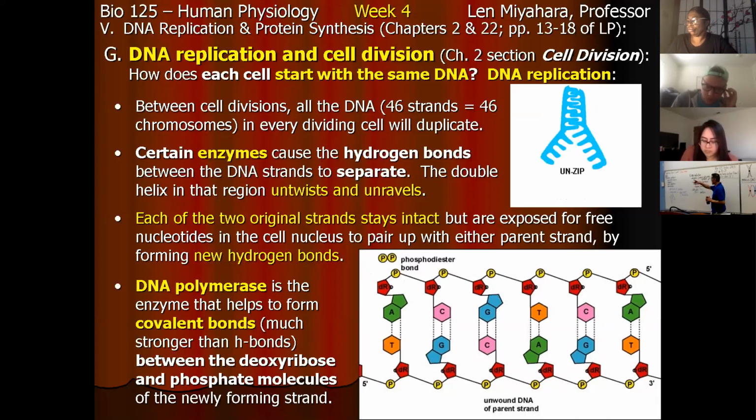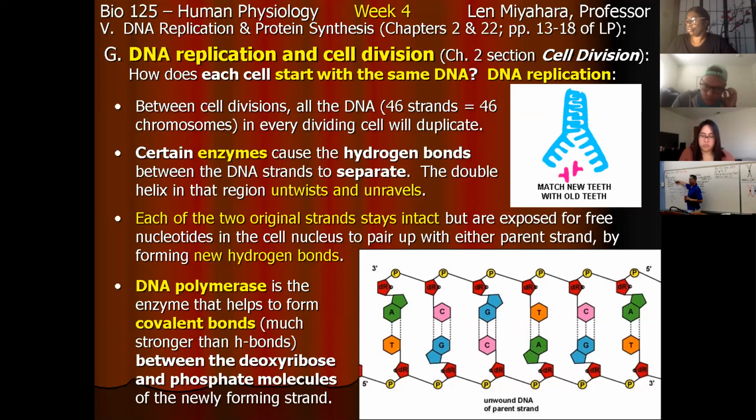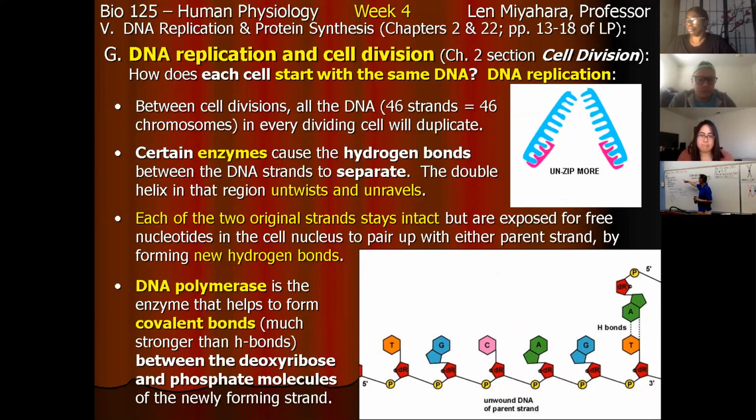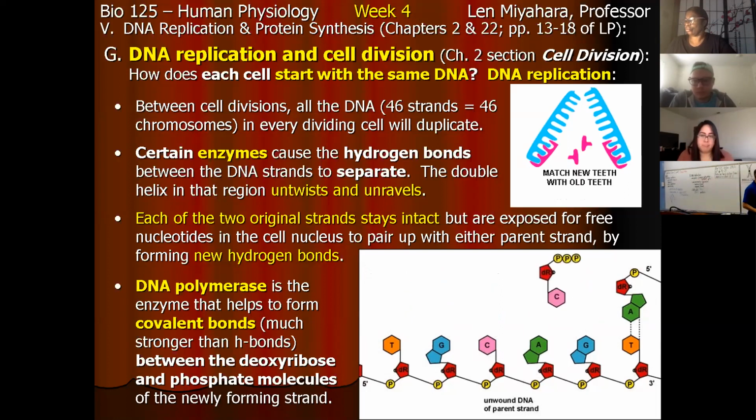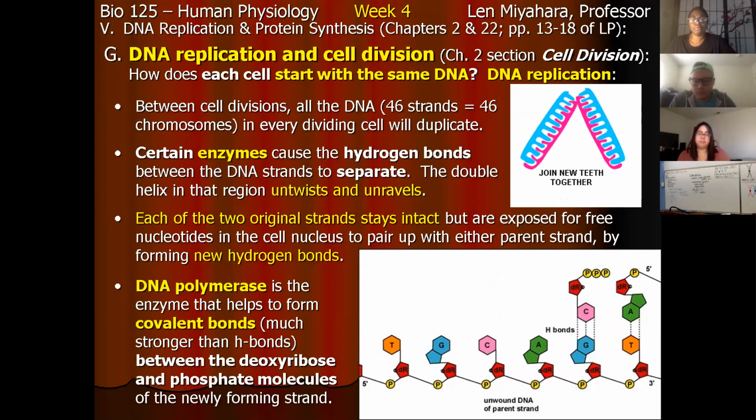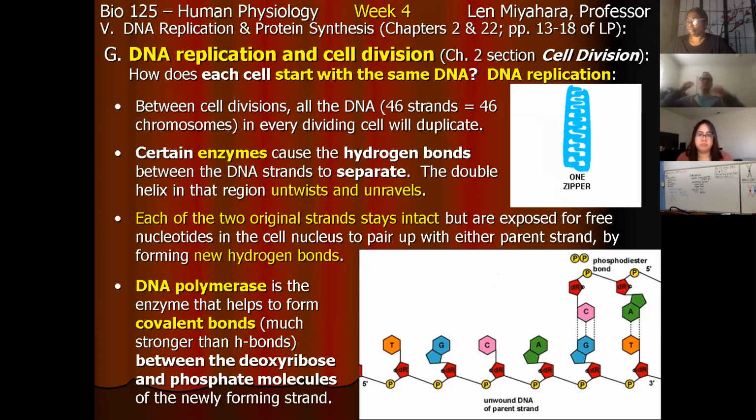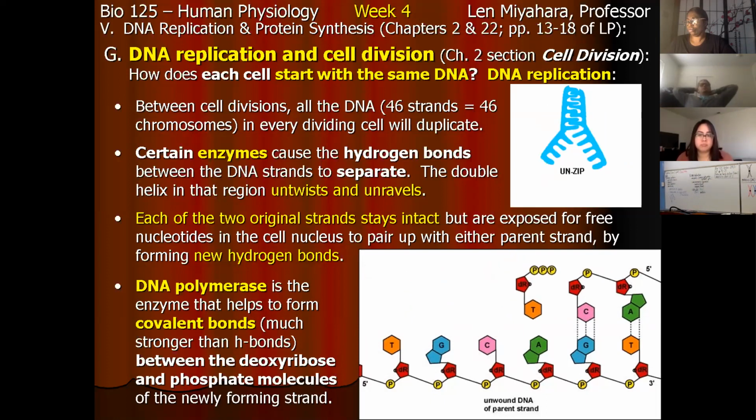For protein synthesis, it was RNA polymerase. This is DNA polymerase, and it's going to hook up complementary base pairs of DNA nucleotides. Okay? But each one is a triphosphate.